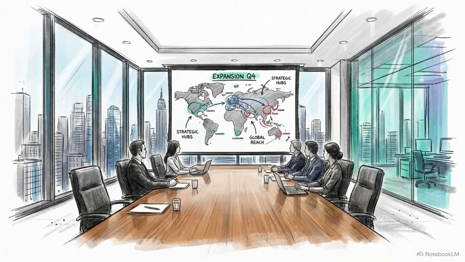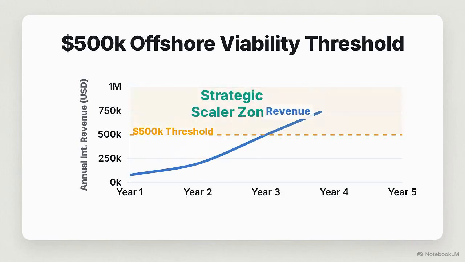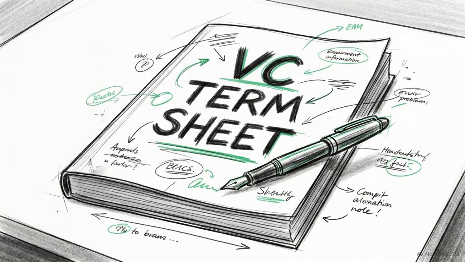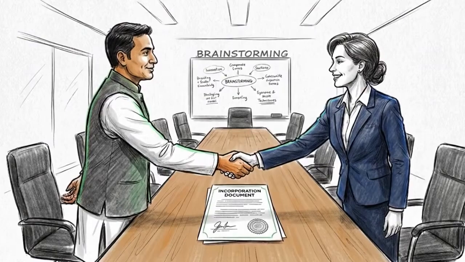Despite the high friction, there are specific situations where taking on the Braintree offshore setup is absolutely the right operational move. If your company is processing over $500,000 in annual international revenue, or you are actively raising funding from U.S. venture capital firms, the math changes. At that scale, the structure aligns with your goals.